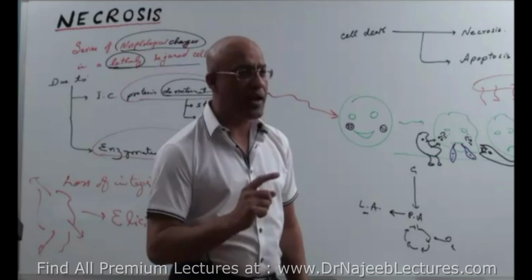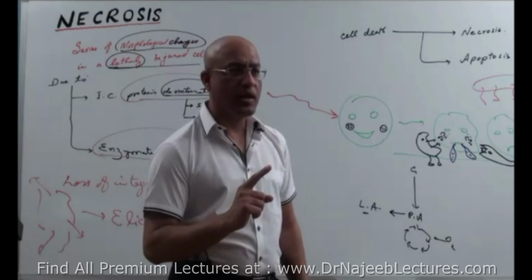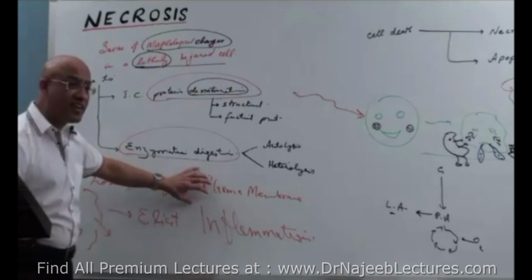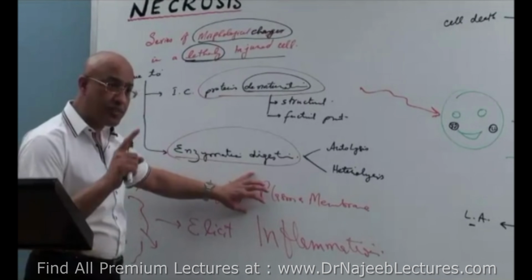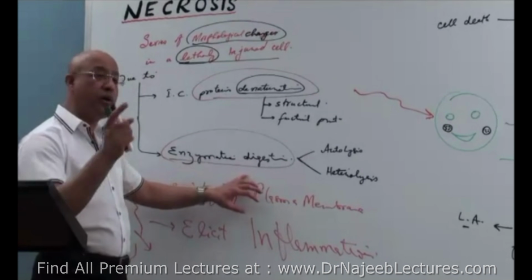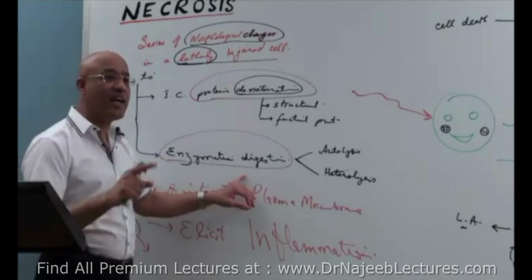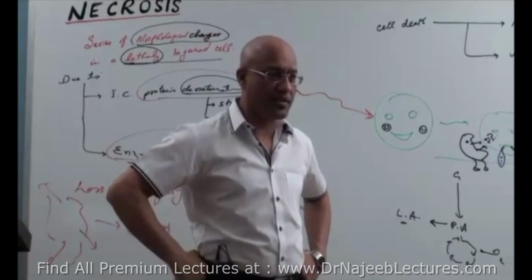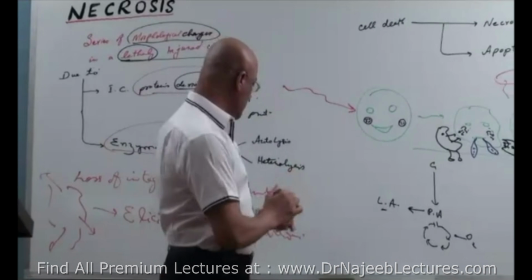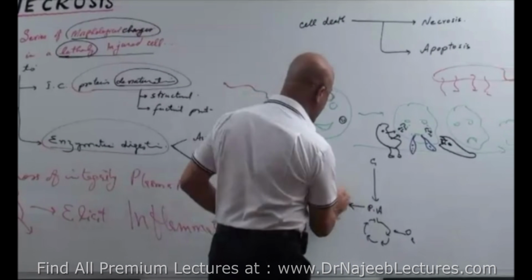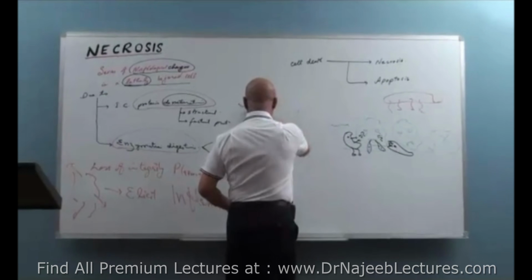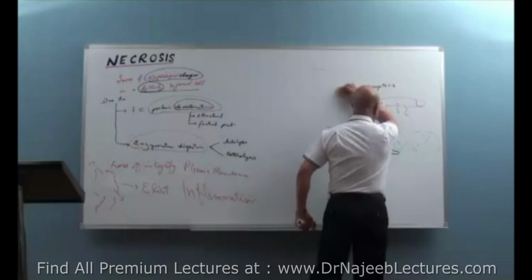And very importantly, if a person, if an organism dies much earlier, then the tissue will not show necrotic changes. Let me give you a classical example. Let's suppose we talk about myocardial infarction, and I will explain the importance of the timeline.